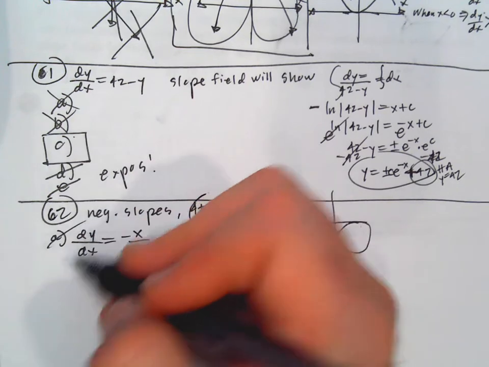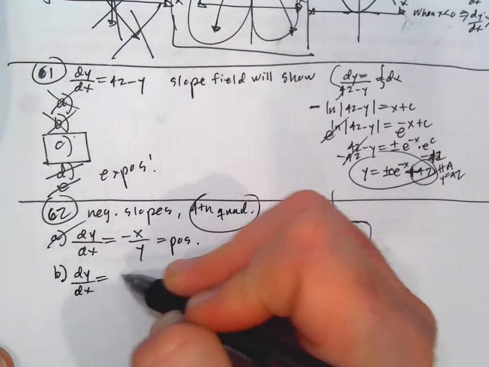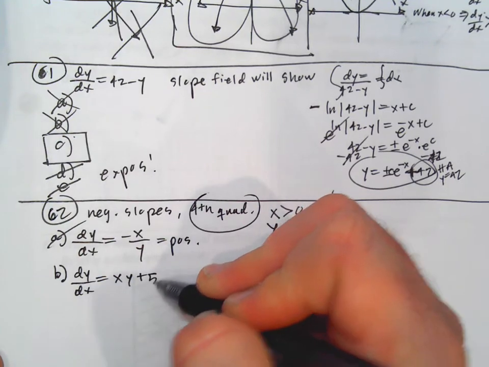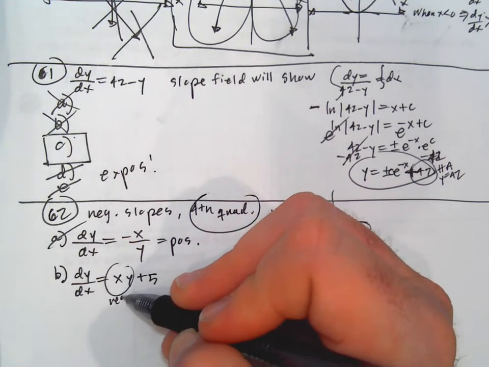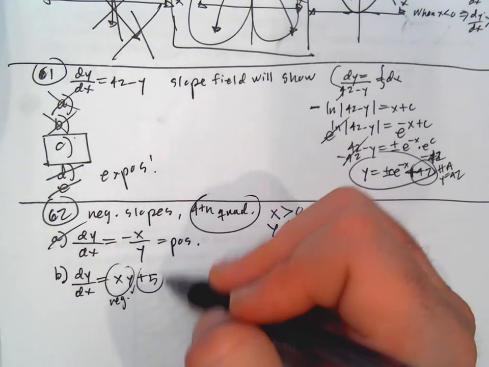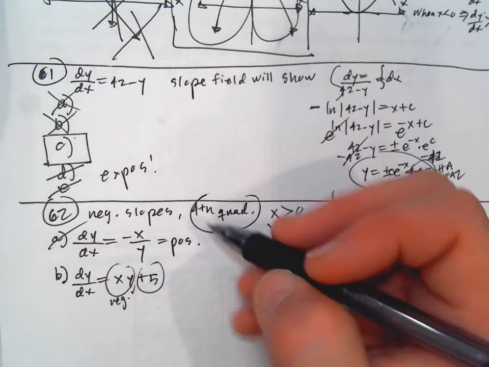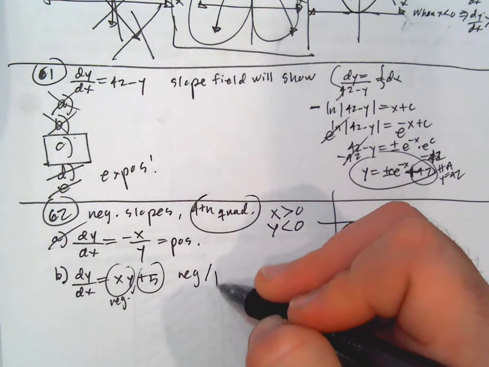So that one's out. B, dy/dx equals xy plus 5. Well, this is always going to be negative in the fourth quadrant, for sure. But then you get added 5, so it just depends. Sometimes it's negative, sometimes it's positive.